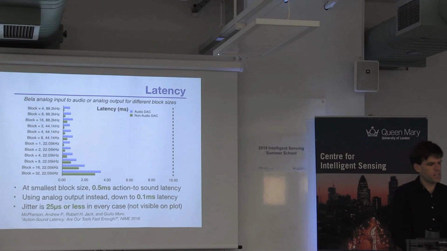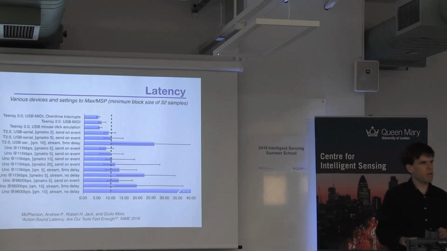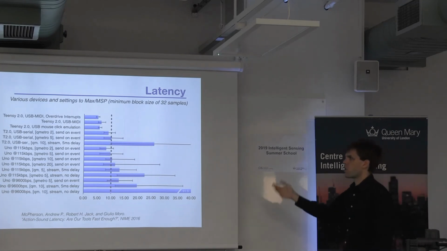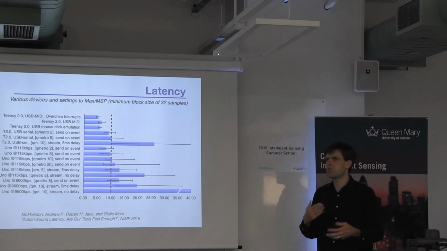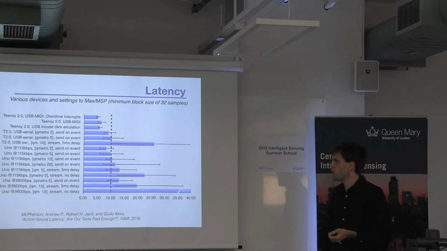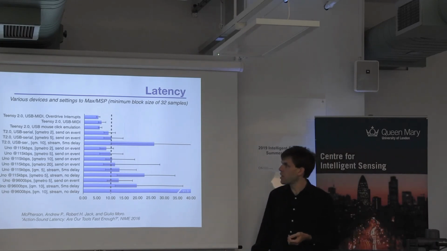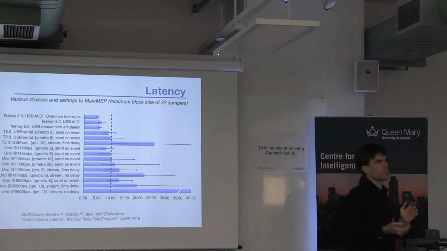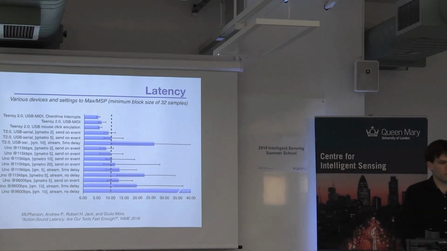And the jitter between successive action to sound latencies is very small, 25 microseconds or less. That compares to some of the other things that are out there for doing interactive systems with sensors and sound, where it's not uncommon to encounter latencies on the order of 20 milliseconds or more with significant jitter.